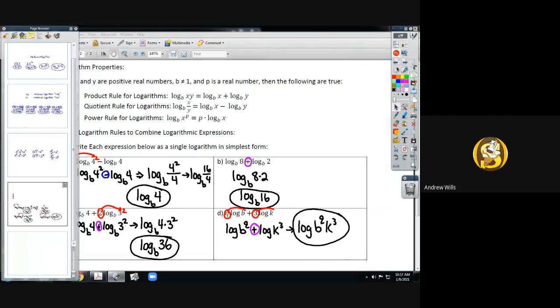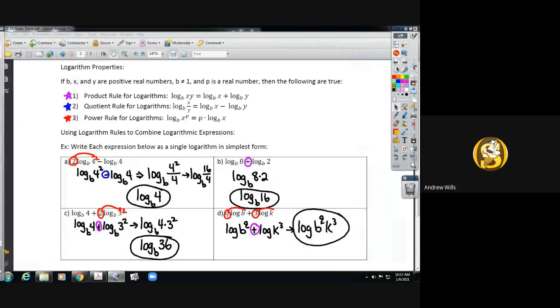Okay, so that's combining. Any questions on combining? Using our logarithm rules to combine. Any questions on how to do that? Because that's 15 out of your 25 questions on your homework.